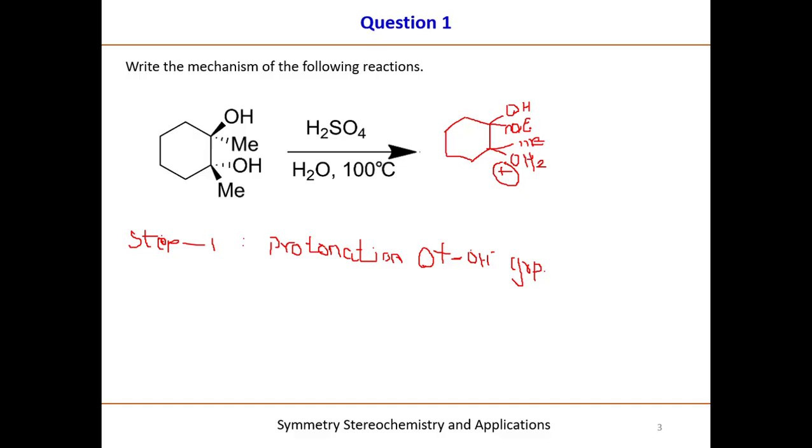Where will the loss of the H2O molecule take place? Where we have protonated the OH group. From here, this H2O group will be eliminated, and carbocation formation will take place over here.